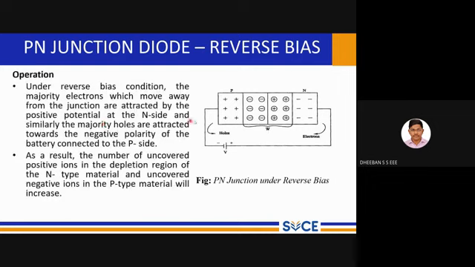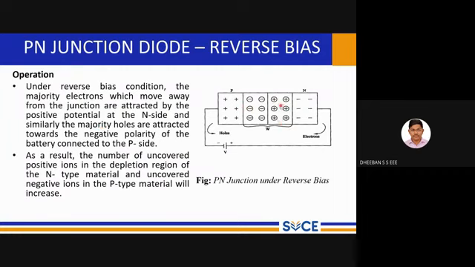It is obvious that under the reverse bias condition, the majority electrons which move away from the junction are attracted by the positive terminal at the N side.